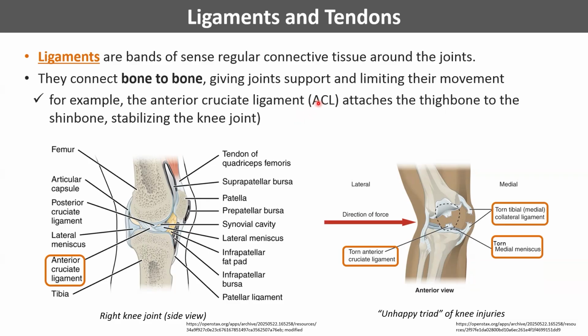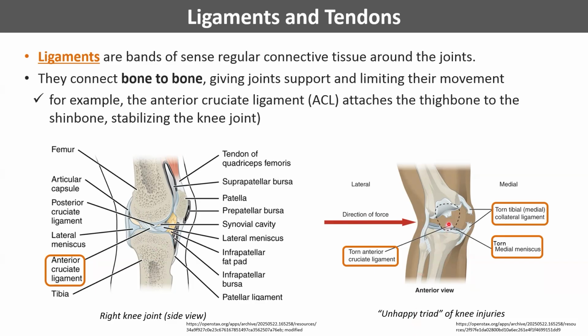The knee has 4 major ligaments, and the ACL is one of them. They connect the thigh bone to the shin bone, and they stabilize the knee joint. And unfortunately, when somebody kicks the knee from the outside, what can happen is called the unhappy triad of knee injuries.